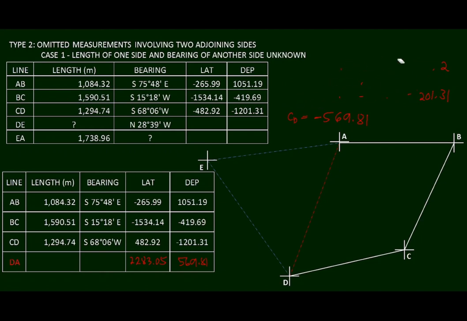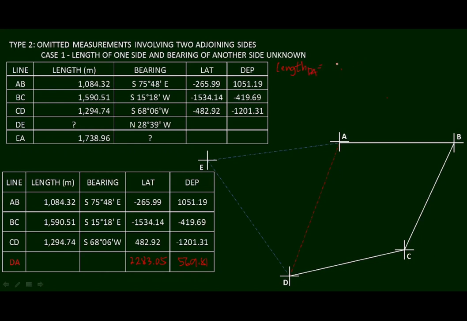Next, after na na-compute natin yung ating departure and latitude, we can now solve for the length and bearing of line DA. So, ano ulit yung ginawa natin to solve for the bearing and length of line DA? So, let's solve first for the length of DA.